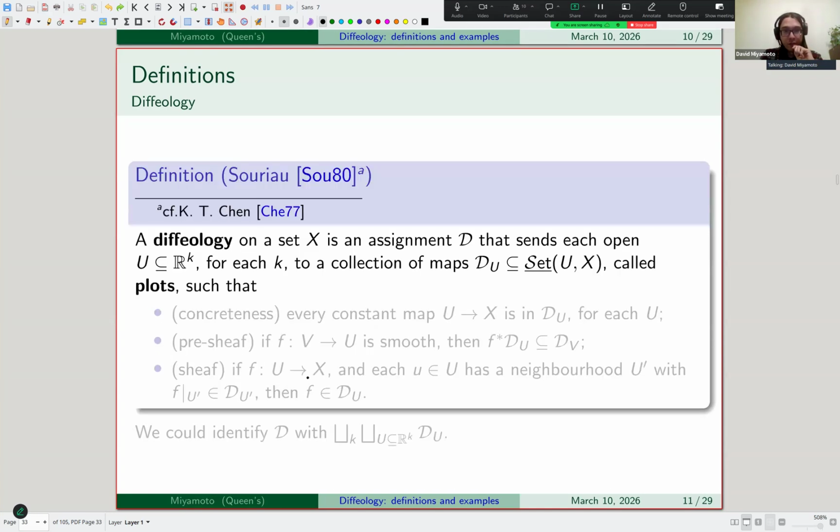Yeah, here's the formal definition. So again, a little historical remark. This goes back to Souriau, Jean-Marie Souriau in the 80s. And this is one of the first papers he wrote here. But the notion or the idea of generalizing manifolds in this way was not entirely new.